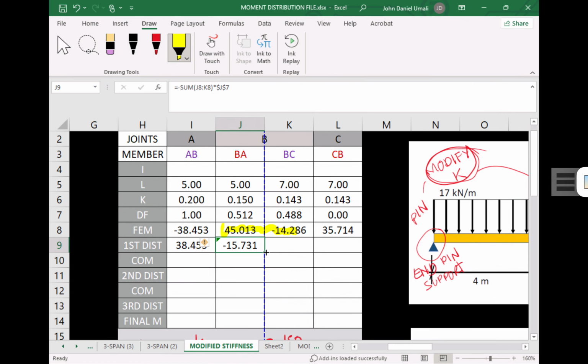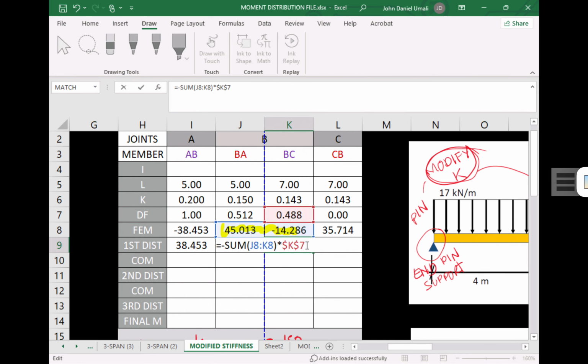Okay, so para mabilis, I can drag this. Okay, ang kaso, check mo yung mga nakaselect ngayon na cells. So, dapat yung naka-summation dito is hindi itong dalawa, kundi ito pa rin yung moments that are acting at joint B. So, I will just move the selection to that and move the selection for the distribution factor ng BC.